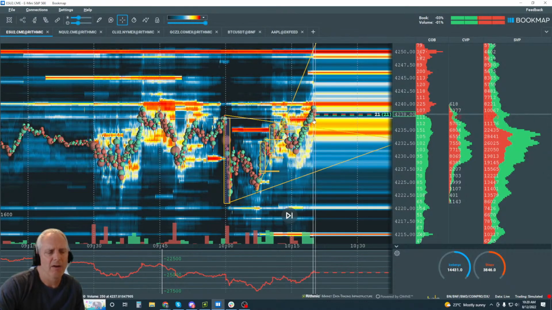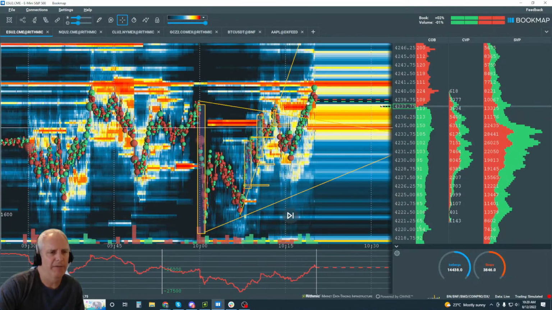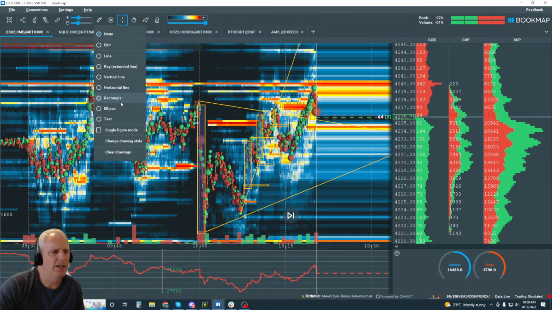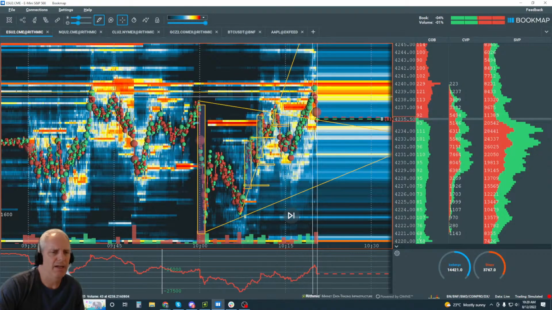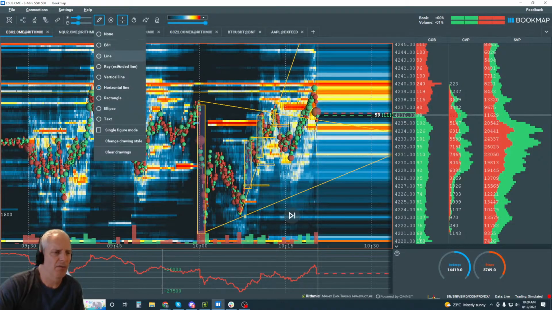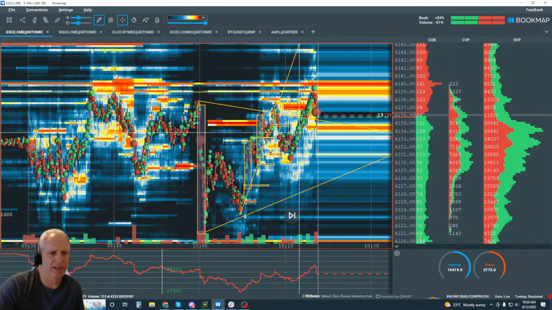Now there's a few caveats that we have to be aware of. One is this is the high, and we just poked above it, around 38. Secondly, was what I had mentioned previously, this in here.